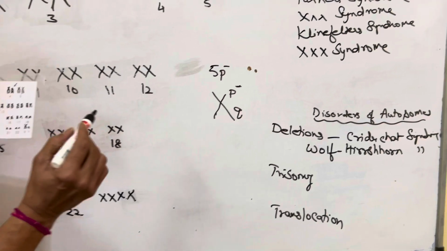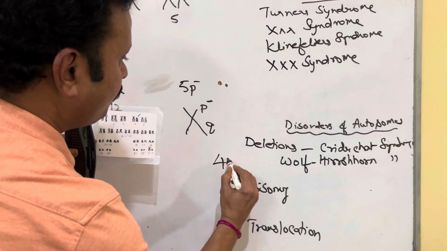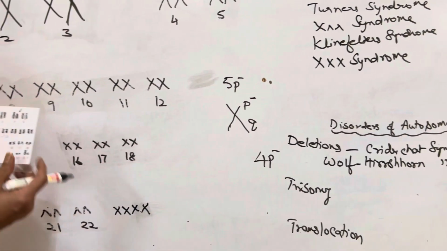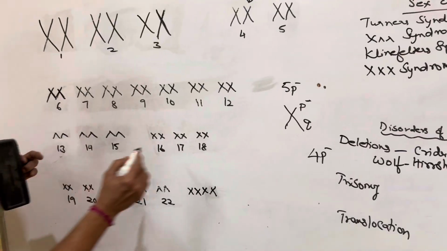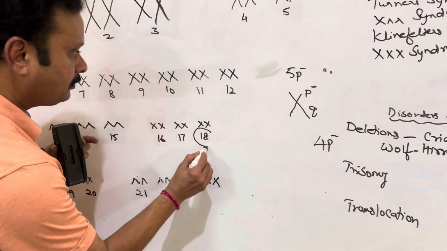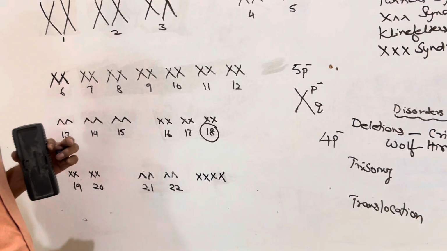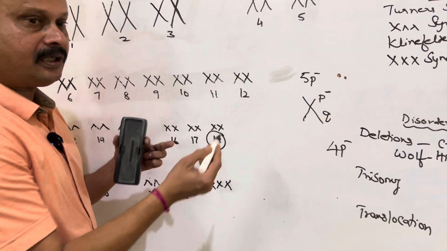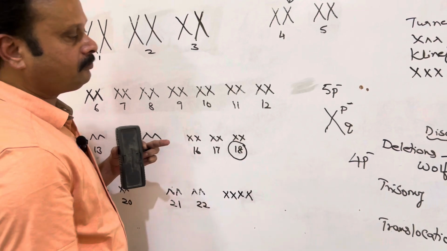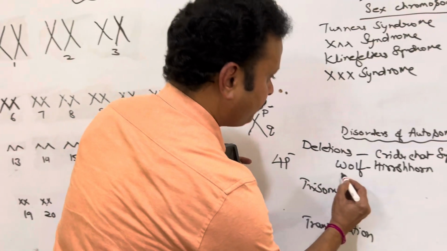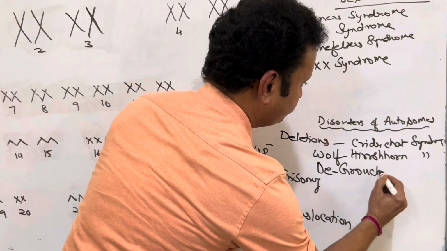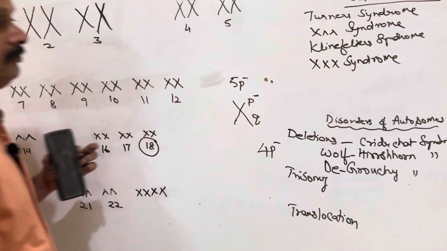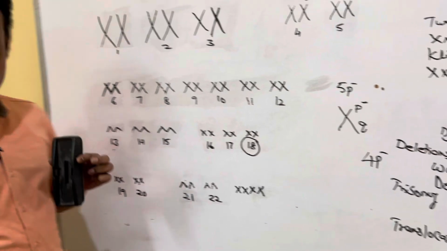Is it clear? So the formula is 4p minus. Okay. Similarly, if there is a deletion of either the short arm or long arm of chromosome number 18, we call it de Grouchy syndrome.